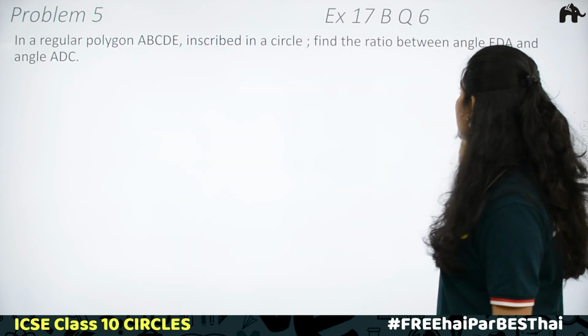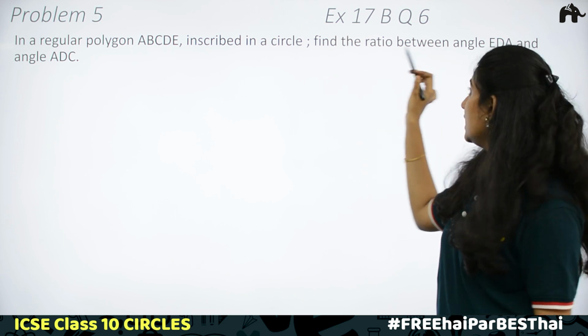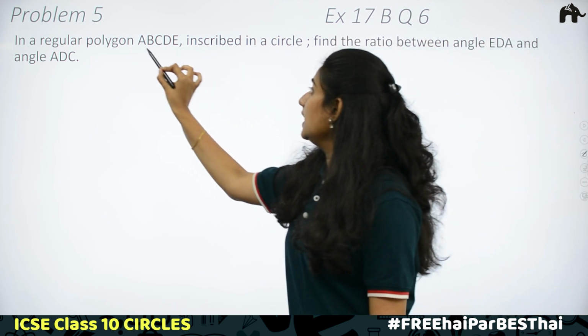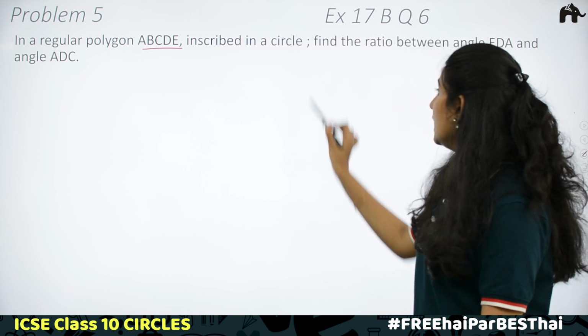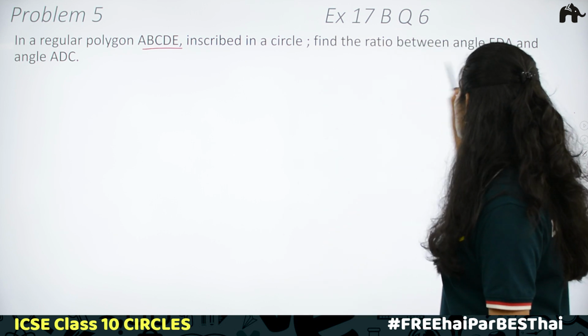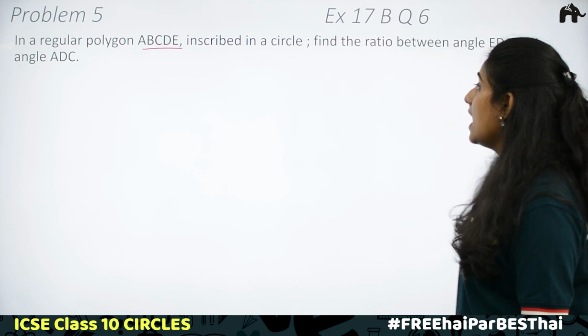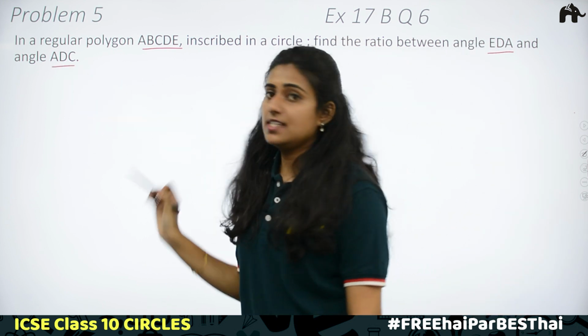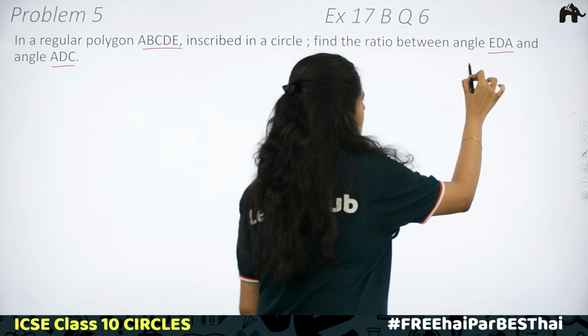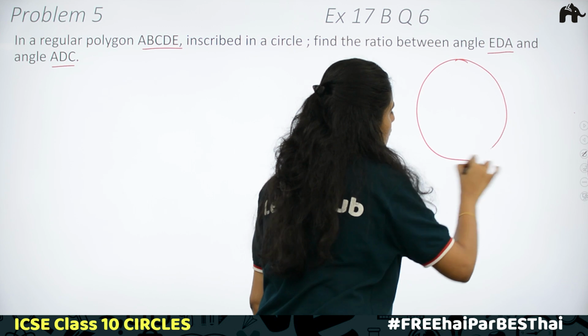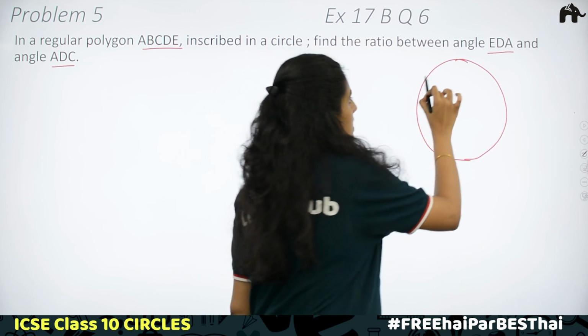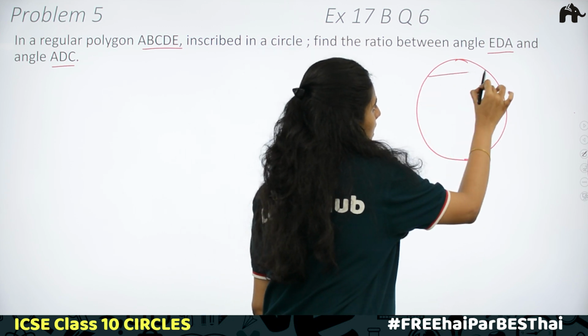Next, problem number 5, question 6 of exercise 17B. In a regular polygon ABCDE inscribed in a circle, find the ratio between angle EDA and angle ADC. Here, take a circle. This is a 5-sided polygon which is inscribed within the circle.